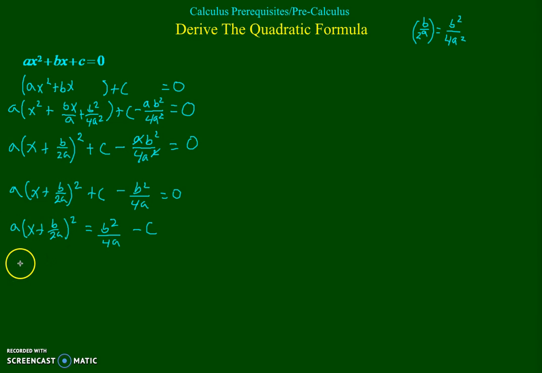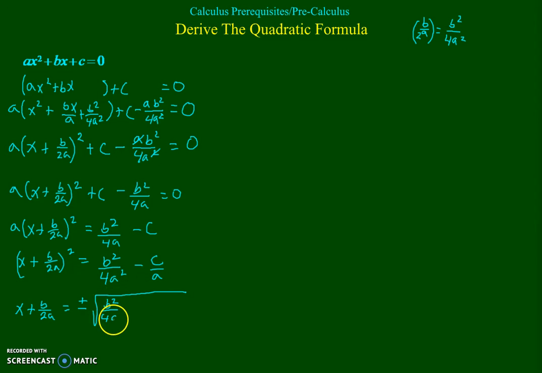So we have (x plus b over 2a) squared equals b squared over 4a squared, and c over a. Now we take the square root of both sides: x plus b over 2a equals plus or minus the square root of b squared over 4a squared minus c over a.